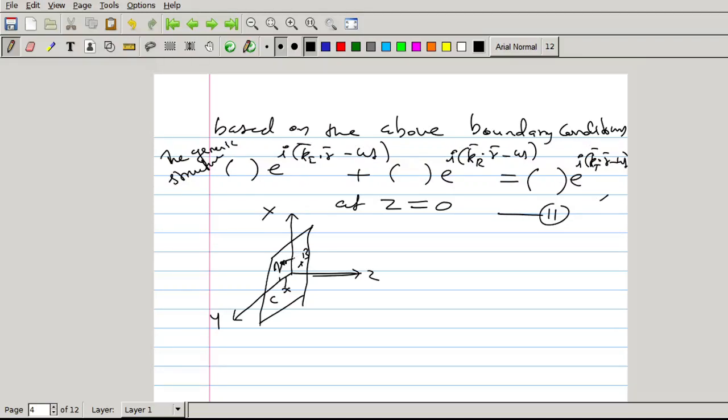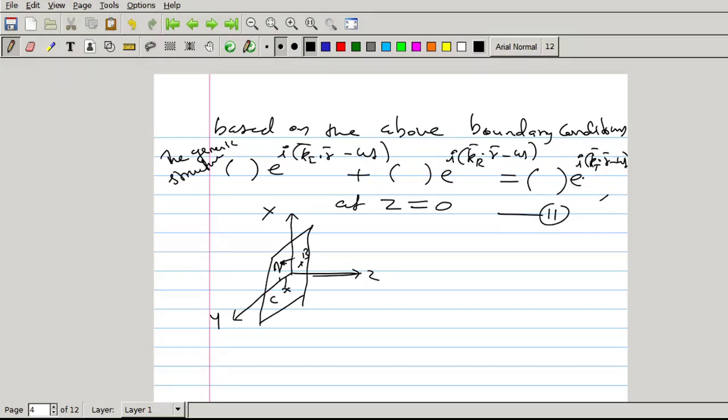But the boundary condition should be the same for any point on the boundary. That means this condition should be independent of this exponential term. As X or Y changes, this condition should not change. That means all these exponential terms should be the same, then they will cancel each other and the boundary condition will not depend on the X and Y coordinates.